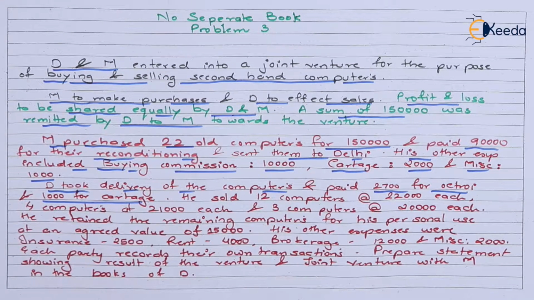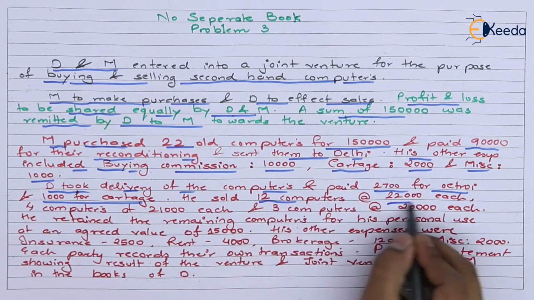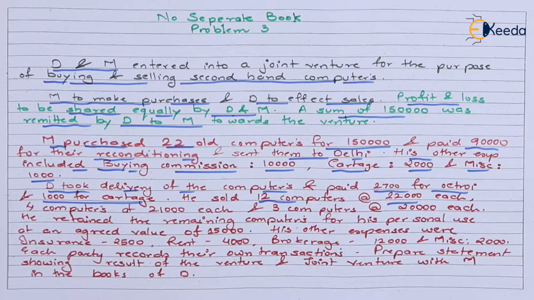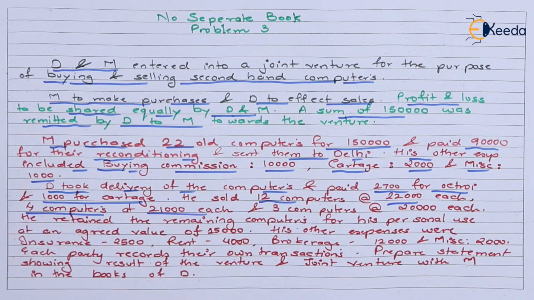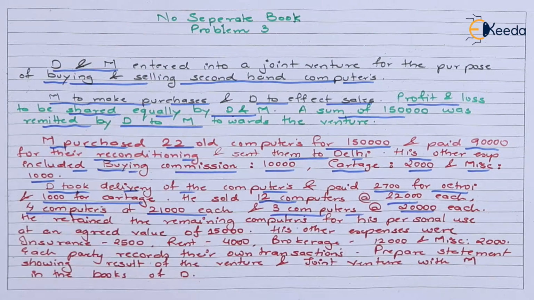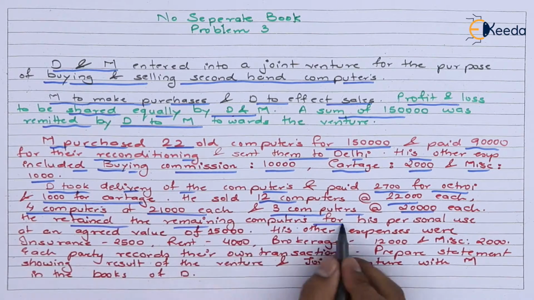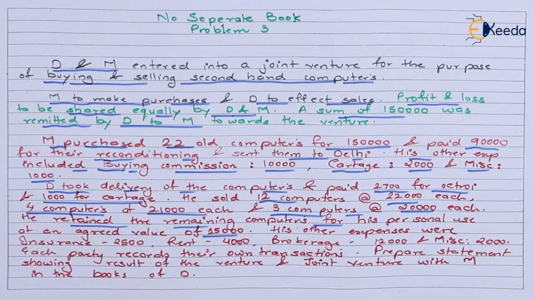Now, once the goods were with D, he sold 12 computers for 22,000 each, 4 computers for 21,000 each, and 3 computers for 20,000 each. He retained the remaining computers with him, and that was at an agreed value of 15,000 here.